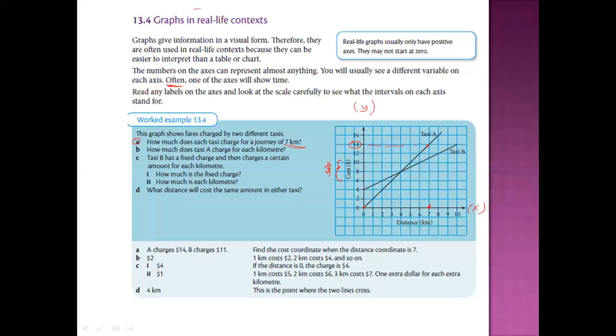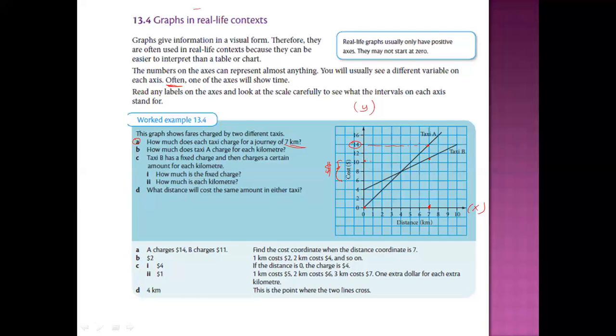And option B, the second taxi: what is the cost of taxi B after 7 kilometers? Here it's crossed, and approximately it's 11 or 11.5. I mean, it's 11. We'll take the integer number, and between 12 and 10 we have 11.